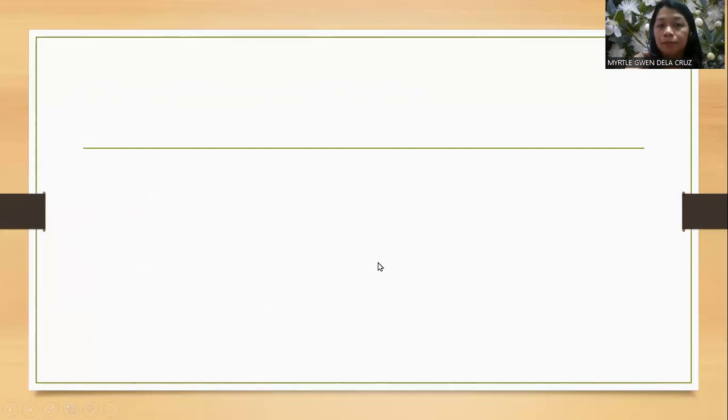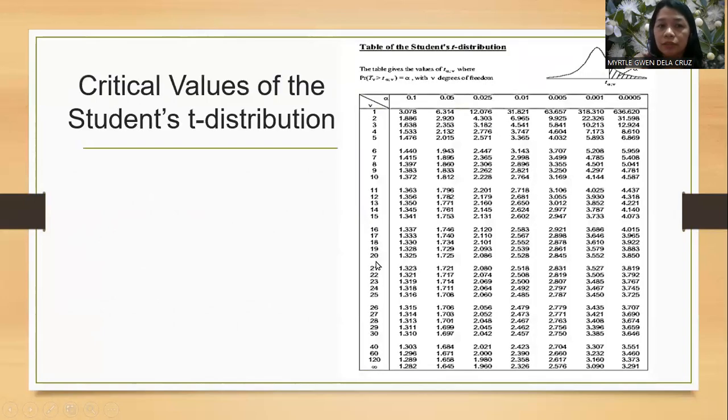Okay, now let's find the critical region. So alpha is 0.01, and n is 16. So the degrees of freedom is 15. We get the intersection between 0.01 and 15, and that is 2.602. This is our critical value.